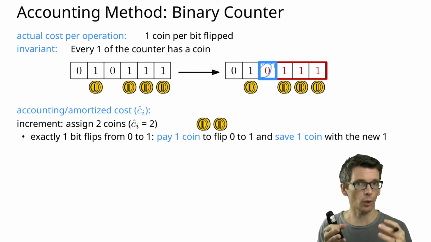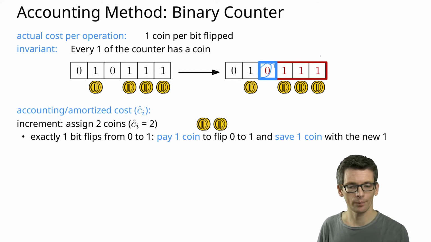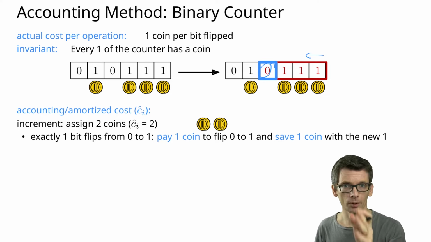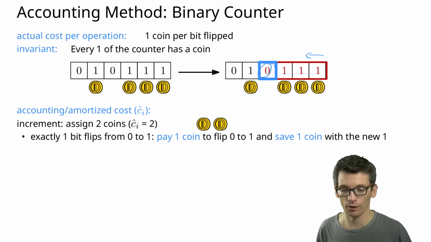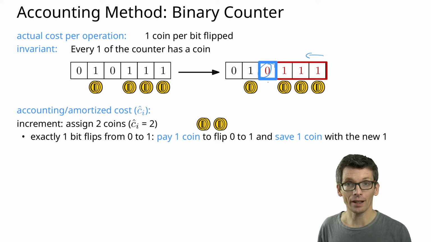And there's exactly 1, because if we have 1s on the right hand side, all of those will be flipped until we find a 0, and that becomes a 1, and then that ends up flipping. So there's exactly one 0 that is flipped, and to pay for that flip, we need a coin. So we have 1 coin that pays for flipping this 0 to 1.